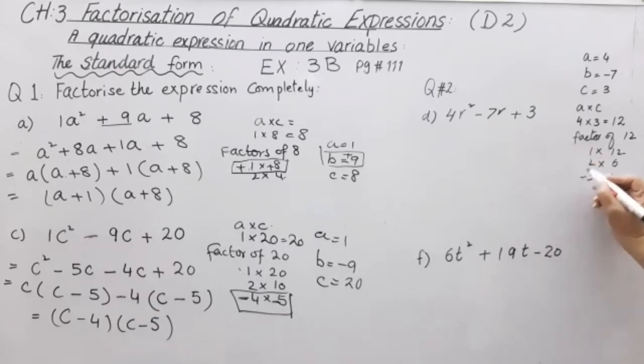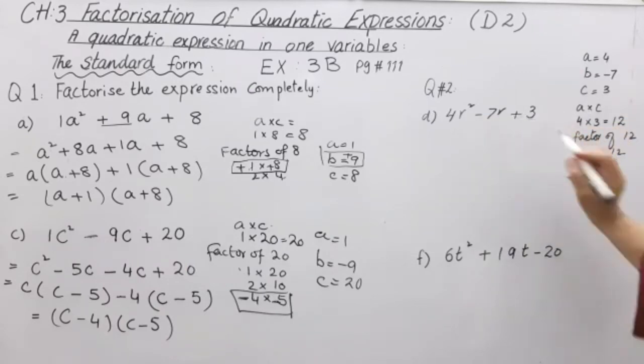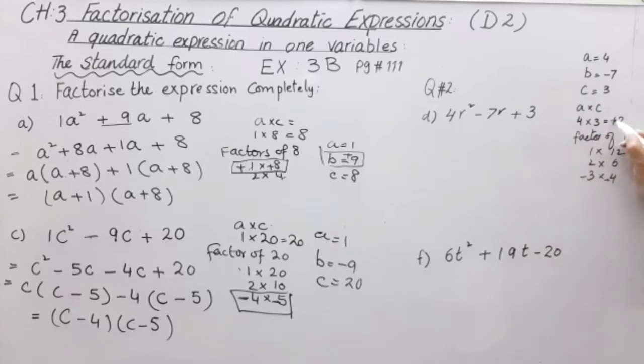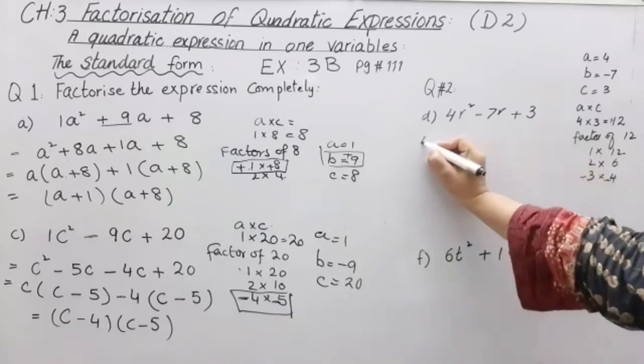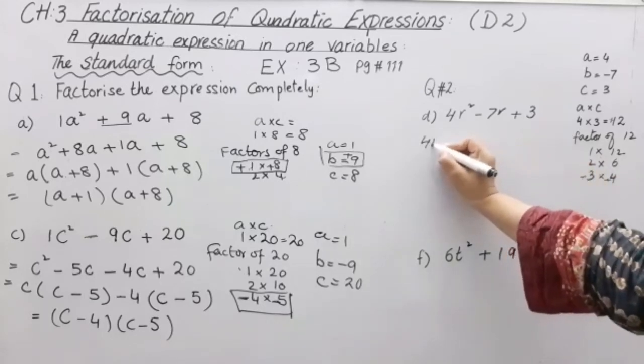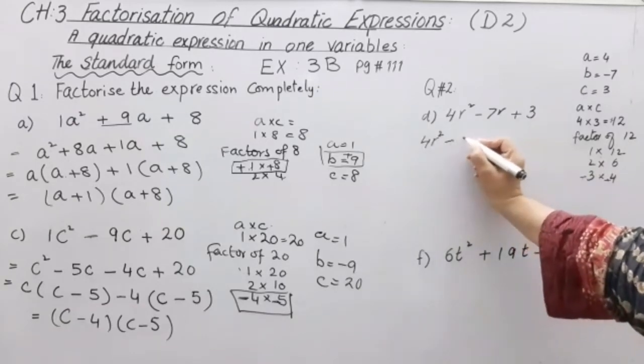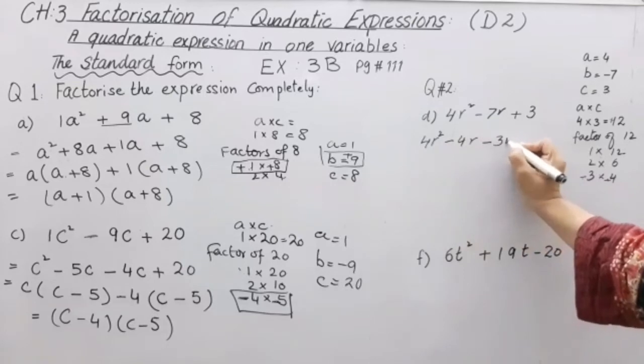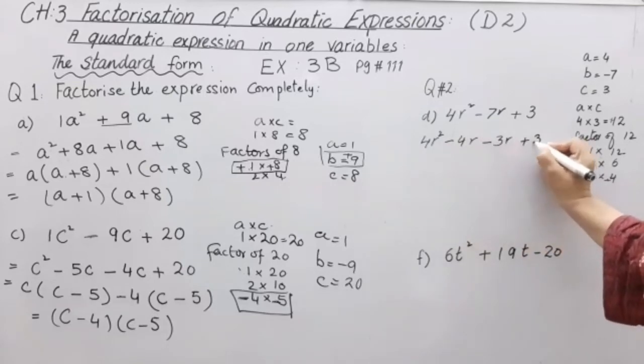Minus minus multiplied gives plus 12, and when we add minus minus, the sign is negative but the numbers are added. So we write here 4r squared minus 4r minus 3r plus 3.